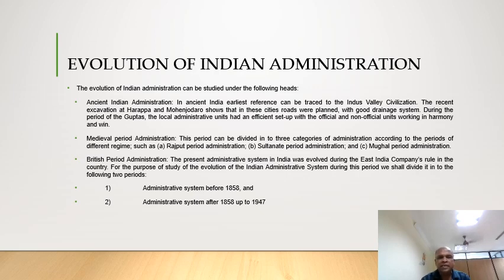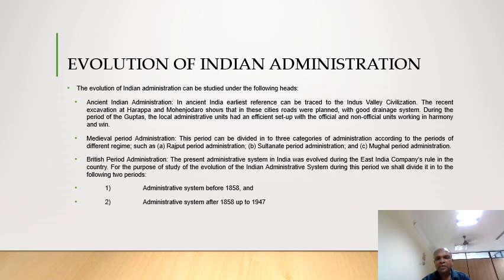The recent excavation of Harappa and Mohenjo-daro shows that the roads at these sites were planned with a good drainage system. During the period of the Guptas, the local administration units had an efficient setup with official and non-official units working in harmony. We take medieval period of administration.